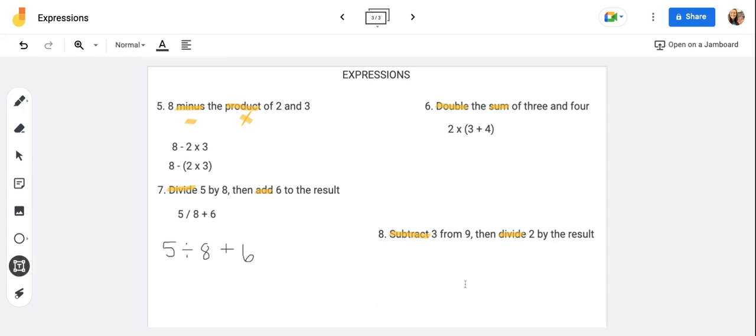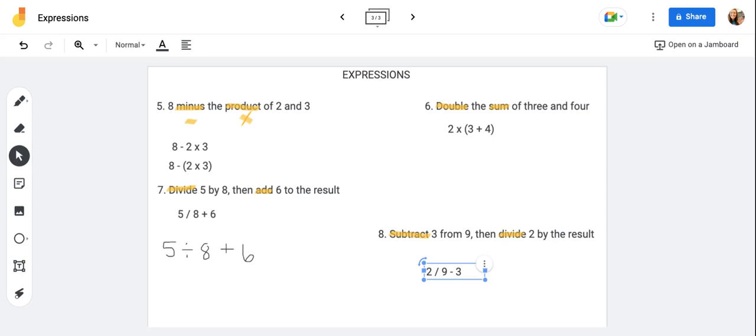When we talk about these, this one you're going to notice is written a little bit differently. If I'm dividing 2 by the result, my 2 divided by has to come first. So I would write that part of the problem first. Then I would write my subtraction part, 9 minus 3.